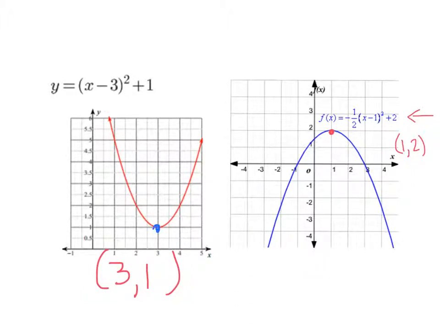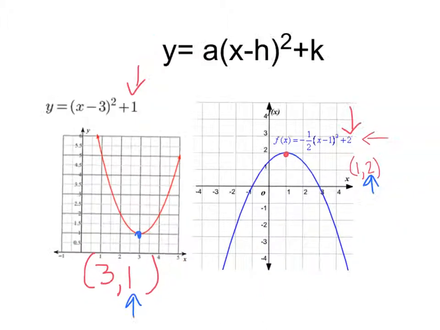If you look at these and compare them, you'll notice that the y value for both of our vertices is found at the end of both of our functions. When we talked about that generic formula, y equals a times (x minus h) squared plus k, it means that these values out here must be our k value.